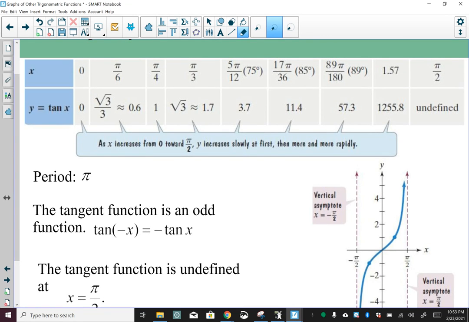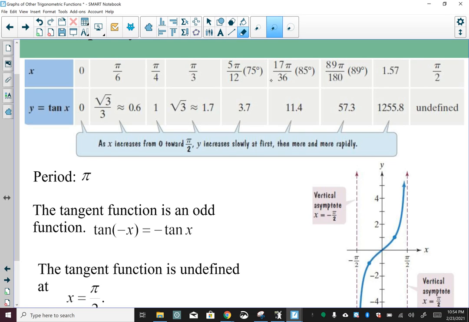At 0, I'm 0, so tangent crosses the origin. Then at pi over 6, which is 30 degrees, I'm at about 0.6, right about there. And then at pi over 4, I'm at 1. Then you just keep going up until you get to pi over 2.